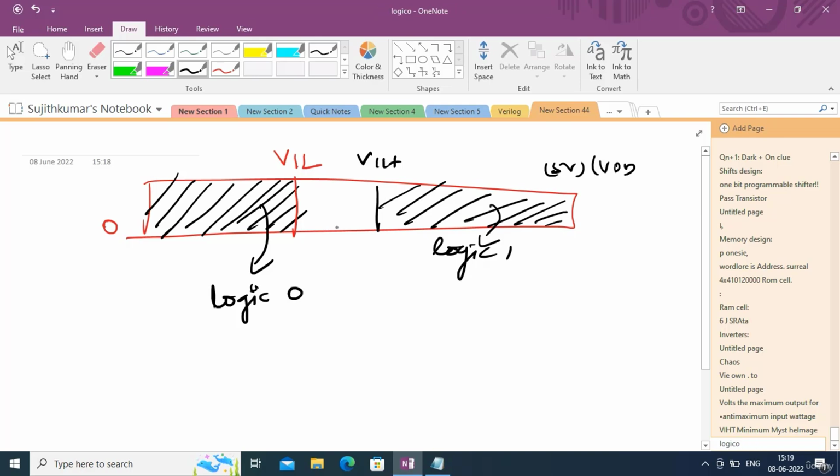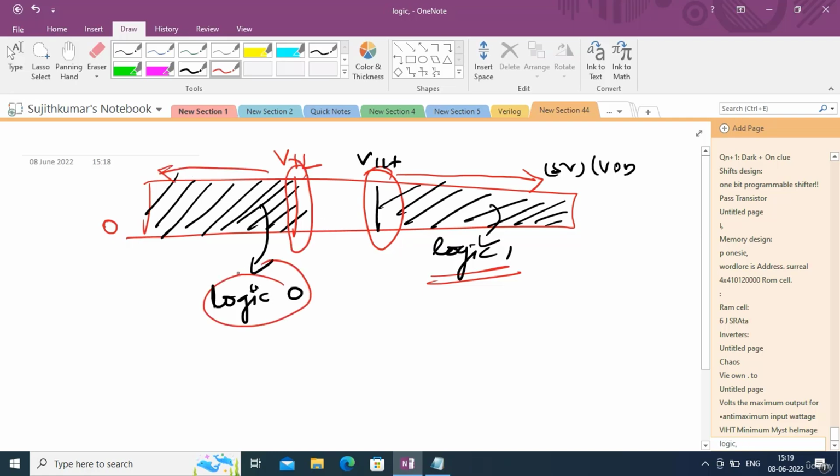This is with respect to the input, not the output. So VIH is the minimum voltage after which all the voltages will be taken as logic 1, and VIL is the maximum voltage below which all the voltages will be taken as logic 0.